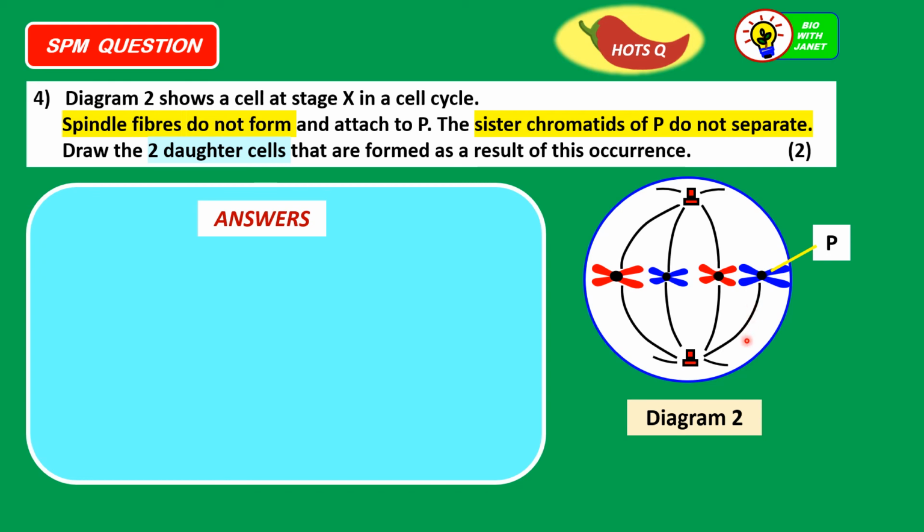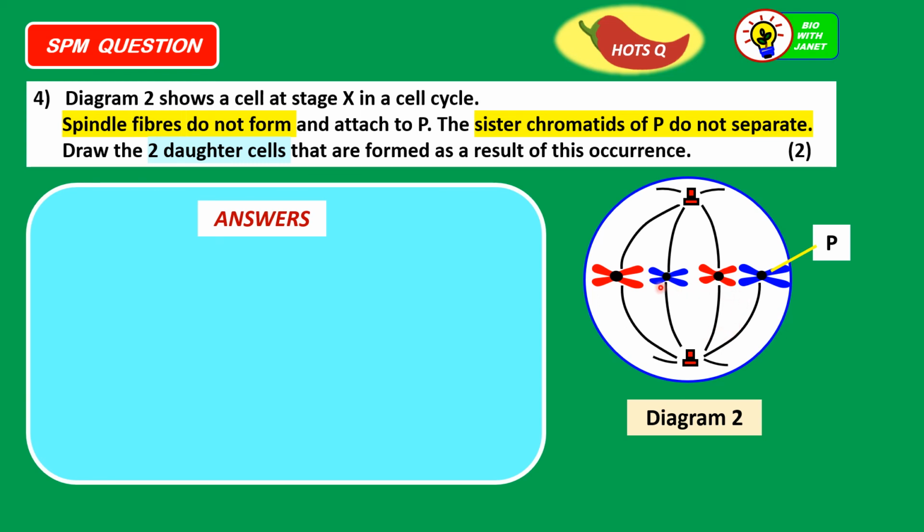All right. But here there's an abnormality. You can see that spindle fibers do not form at the top here to pull the sister chromatids apart during anaphase, right? So now you are asked to draw the 2 daughter cells that are formed as a result of this abnormal occurrence. Okay, so you have to predict the result.